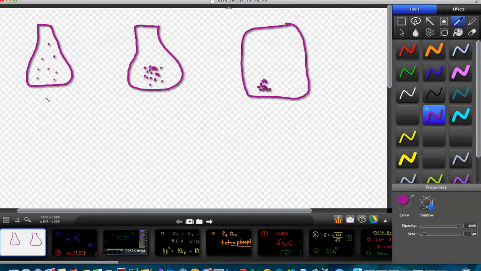Fewer IMFs are going to mean gas, so this has the highest entropy. Then the middle one is kind of intermediate in entropy, and then the one with the smallest entropy is going to be the third. So the best answer is going to be C, 1 to 2 to 3.